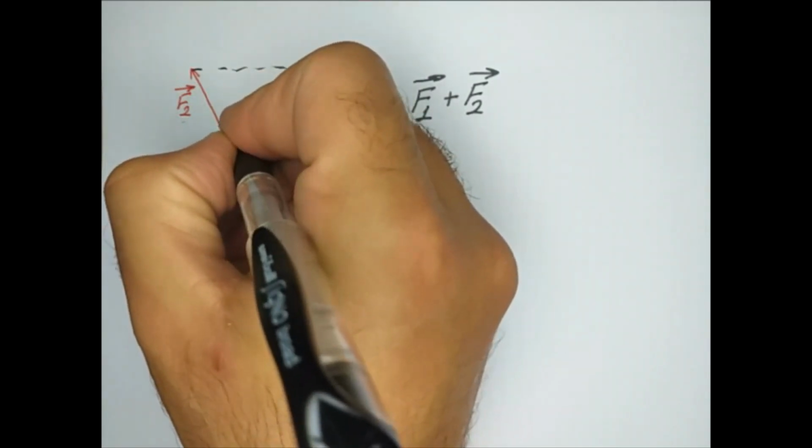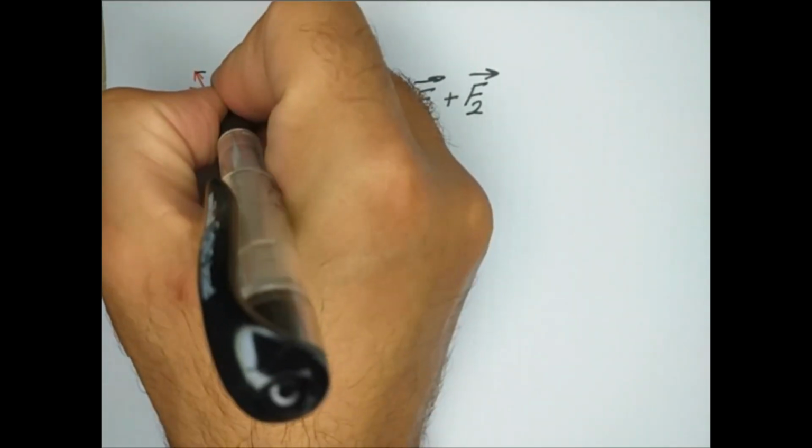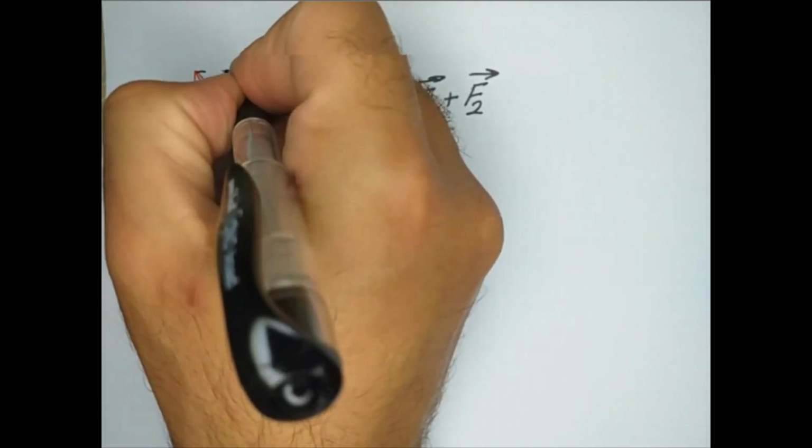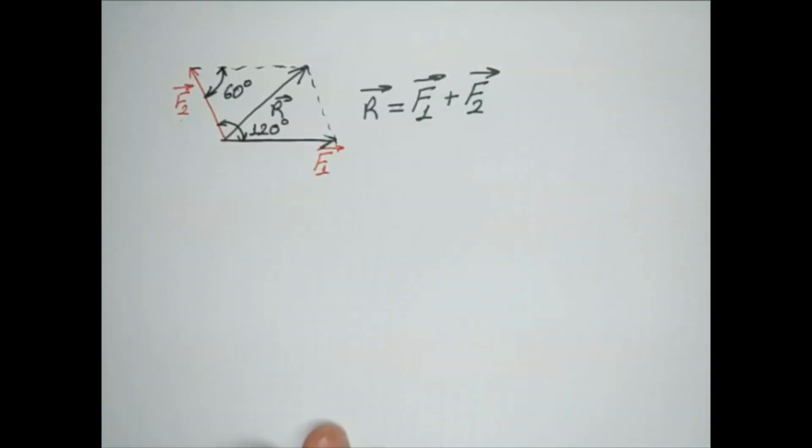Okay. So I can use the cosine theorem in order to calculate the magnitude of the resultant vector.